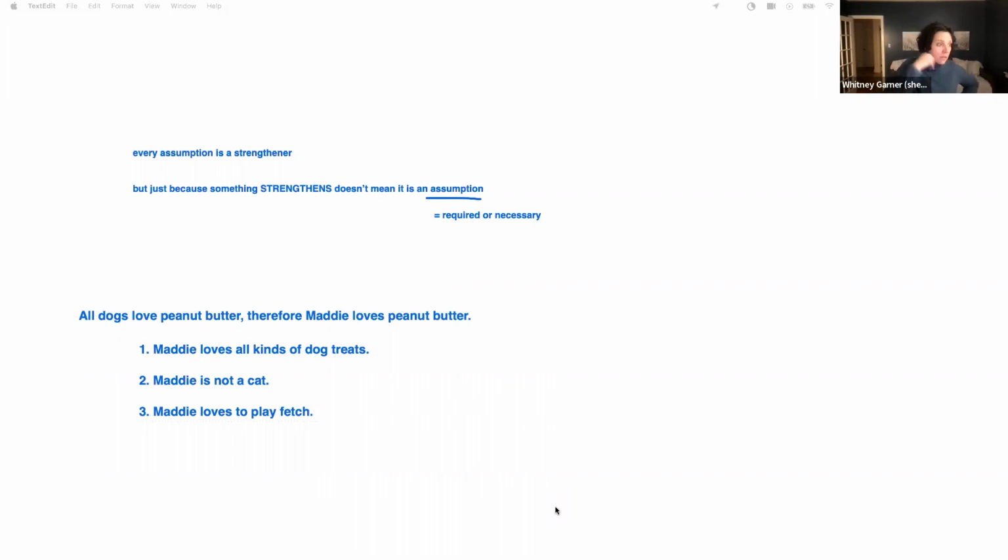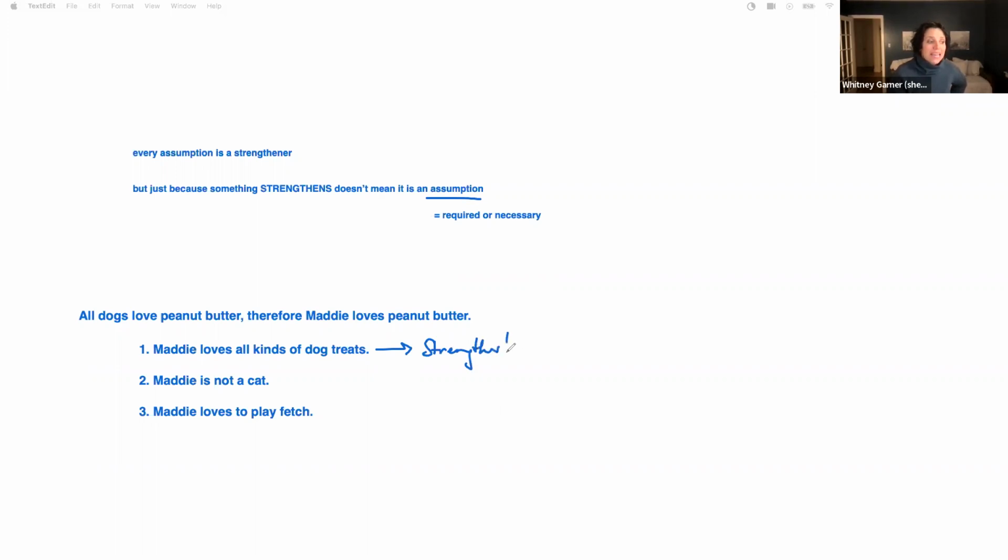If dogs love peanut butter and Maddie loves dog treats, then maybe Maddie loves peanut butter too. But that's not a requirement. Maddie could not love all kinds of dog treats. She could really be very picky. I have a dog. Her name's Maddie. She is very picky. But she does, in fact, love peanut butter, because she's a dog. So this, Maddie loves all kinds of dog treats, might make me feel better about the argument.